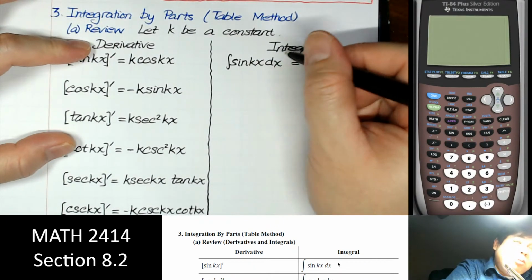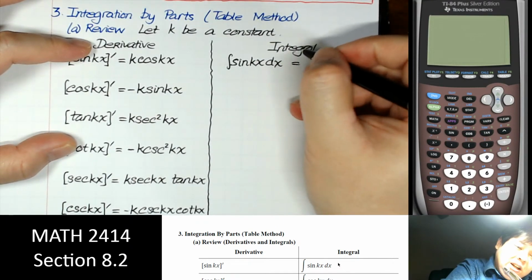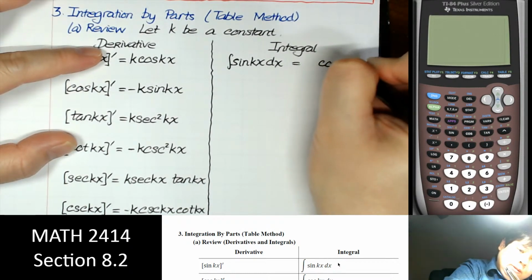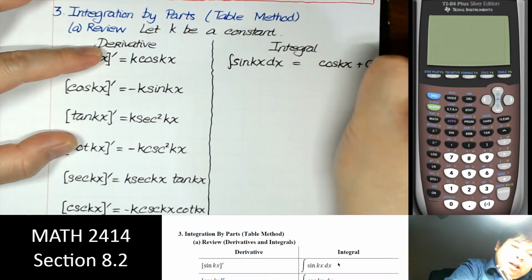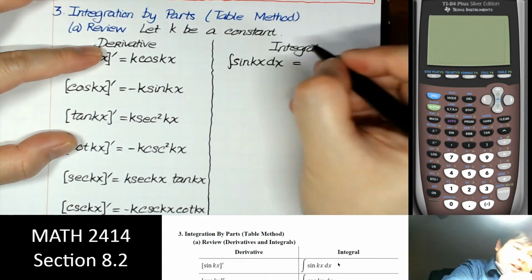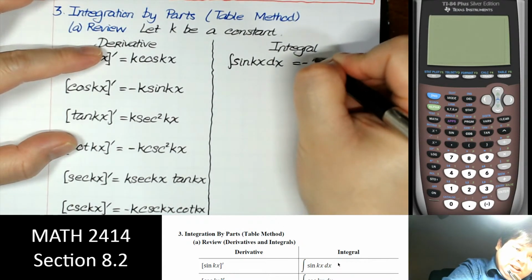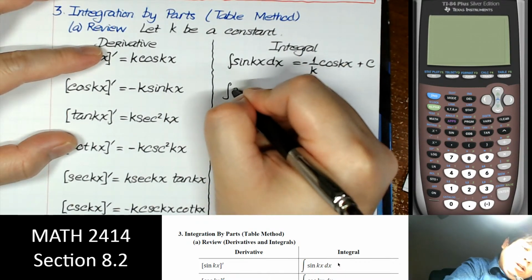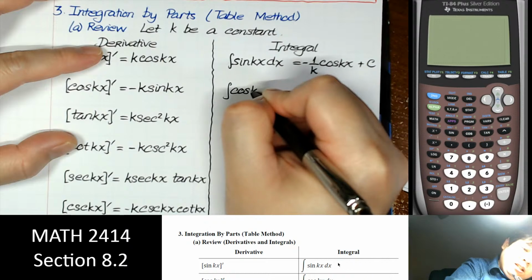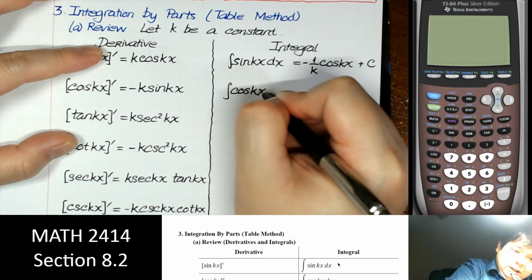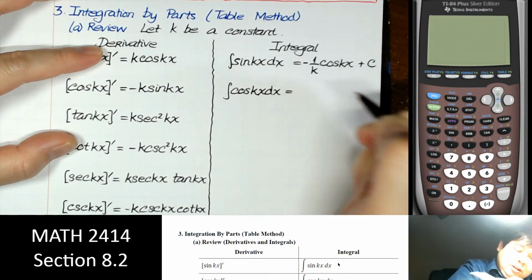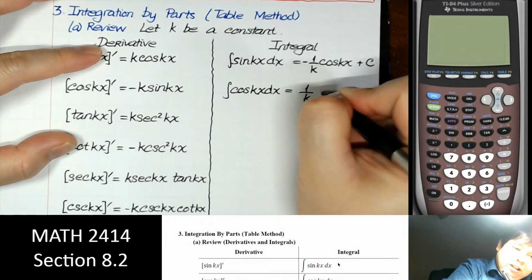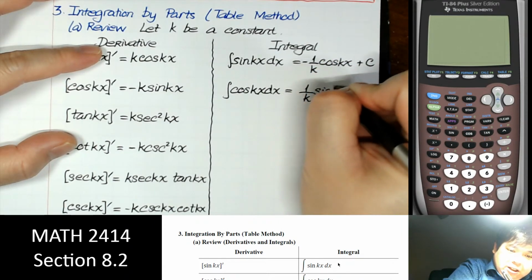Integral of sine is going to be cosine, I mean negative cosine, and we divide by k. Integral of cosine kx will be 1 over k sine kx.